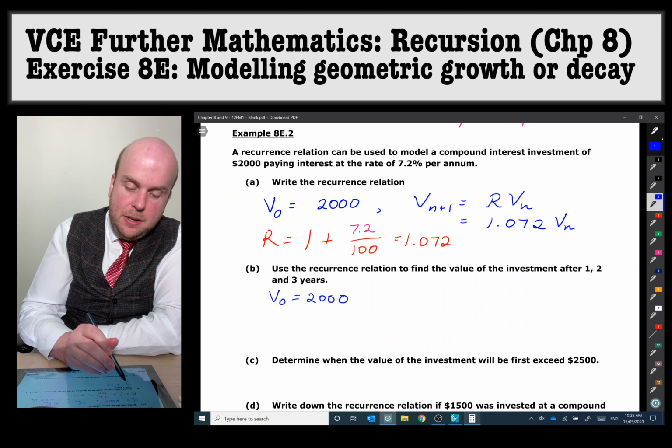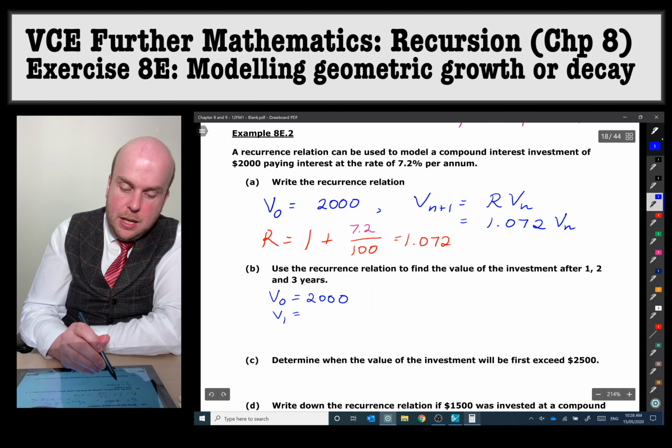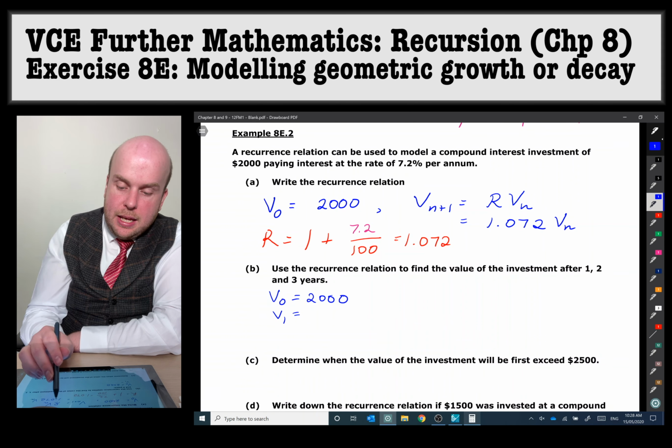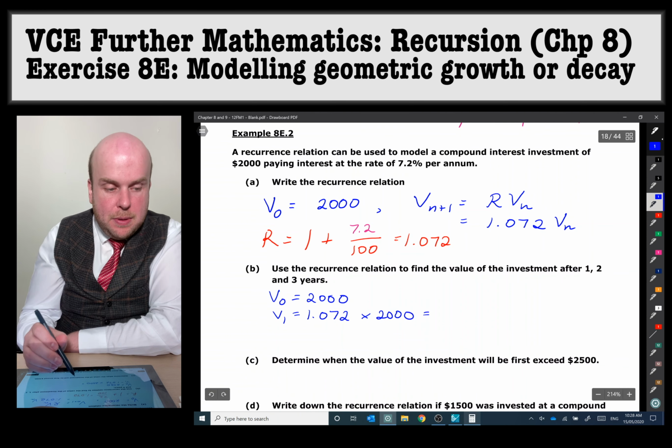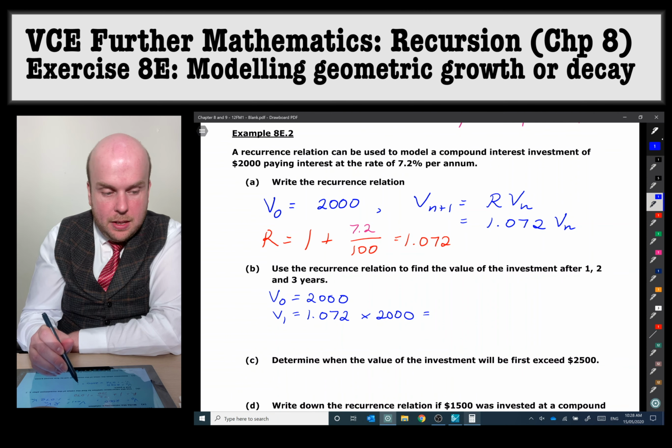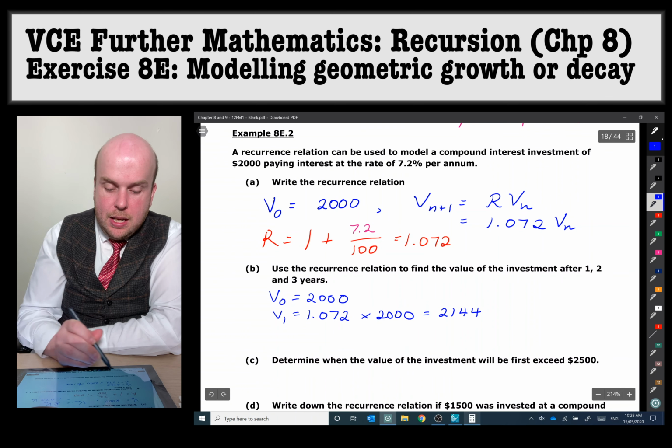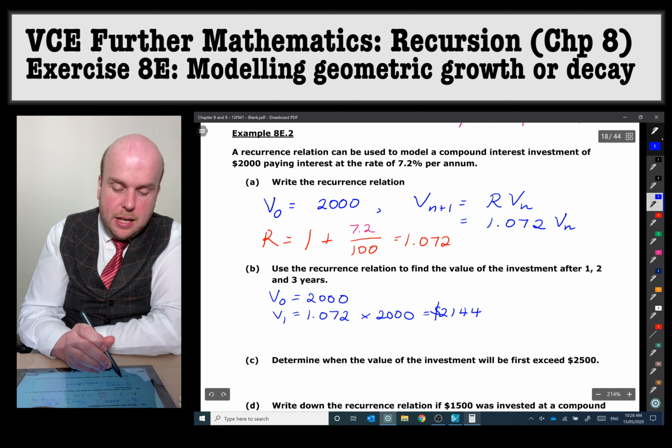So V1 will be, again, we'll take the R value there, 1.072 times by 2,000, and that's going to be equal to 2144.